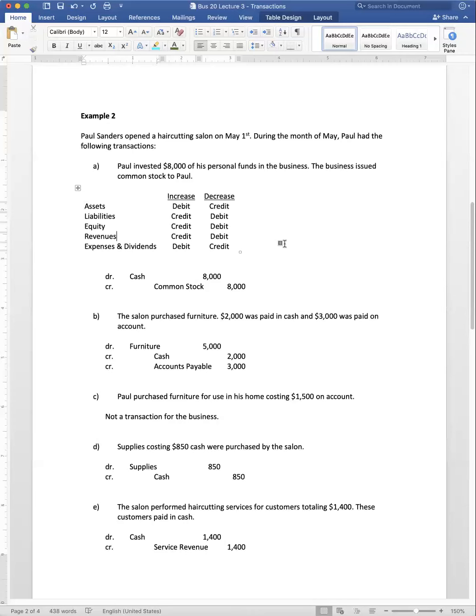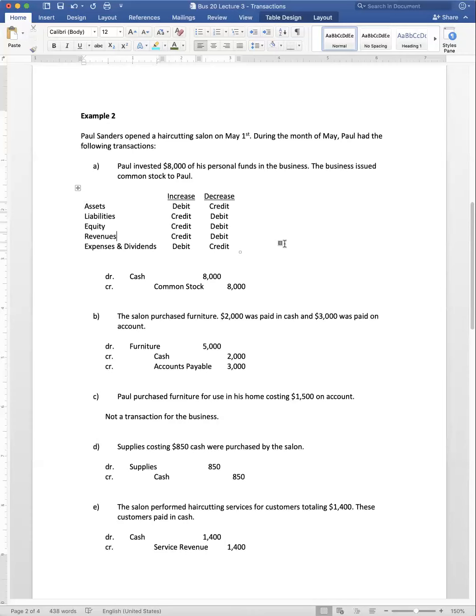That's how revenues and expenses, and also dividends, work in accounting. We start at the beginning of the year with a blank piece of paper with zero revenues, no expenses, no dividends. And then as they happen during the year, we record them in a journal entry. We count them, and that number is always going up.